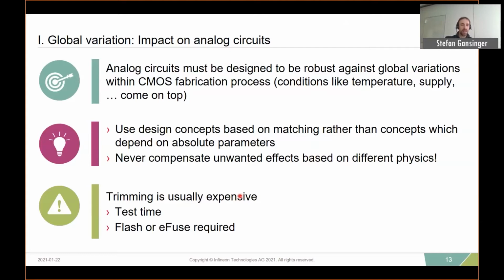Yes, this can be done, but typically this is expensive because on the one hand, it requires some time in the test, which is cost. And on the other hand, we need some non-volatile memory, like a flash or an eFuse where we can store the trim result. So trimming is an option, but if it can be avoided, of course, this has a big benefit.